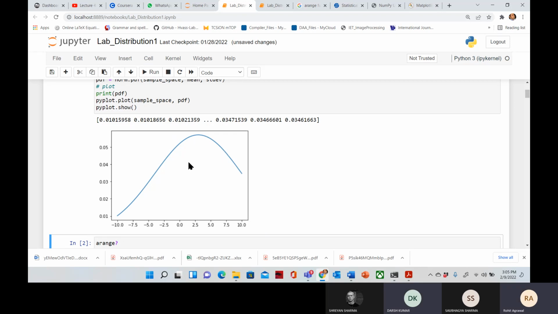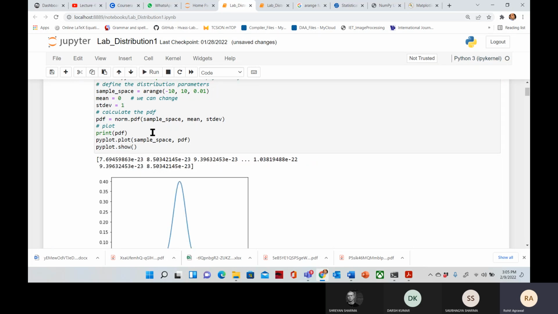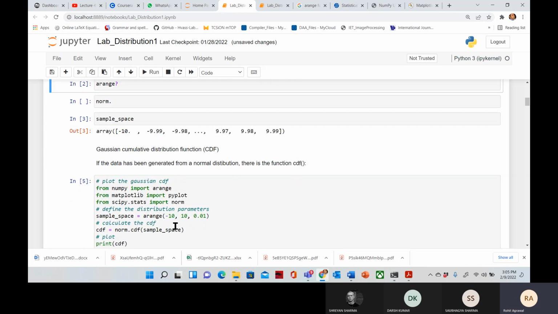Yes, sir. So it will always depend on the parameters. For 0 mean and 1 standard deviation, the distribution is symmetric when we draw a perpendicular line from the 0 point. So it depends on the parameter.